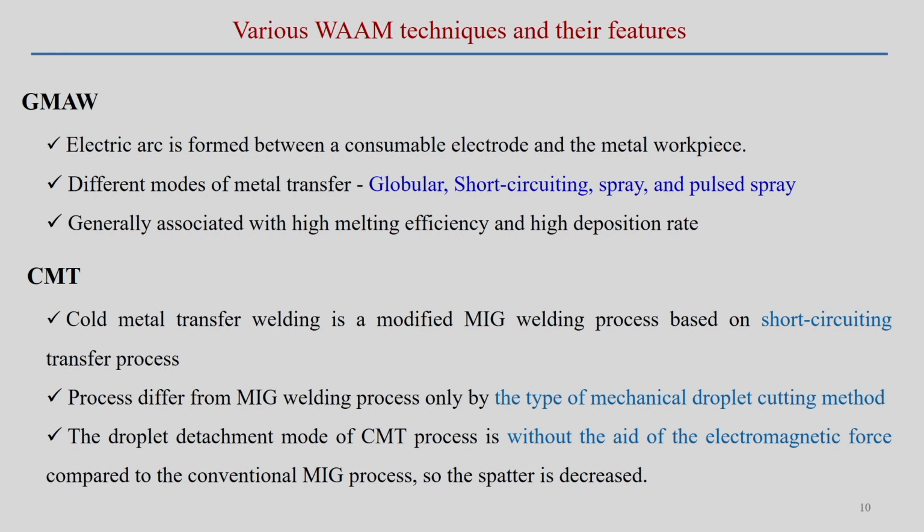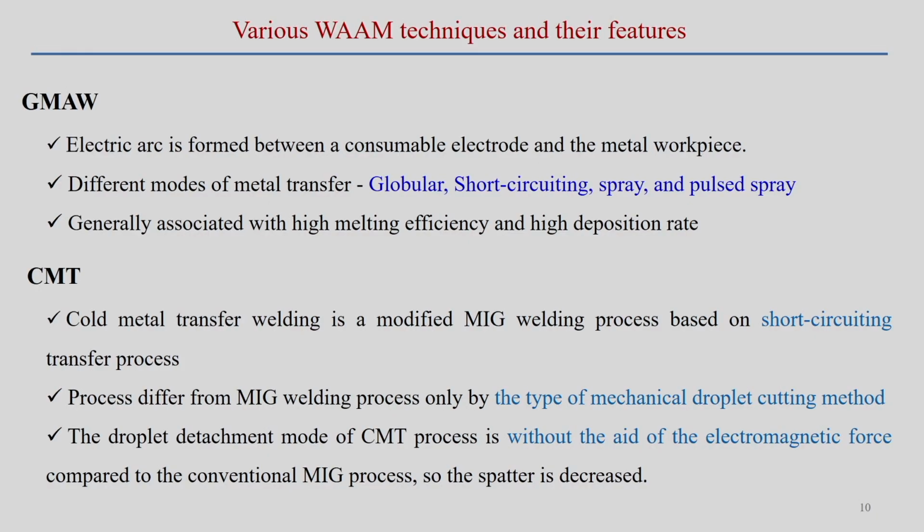Apart from this, gas metal arc welding can also be utilized, because in this case the metal transfer is an integral part of the welding system itself. The material is continuously fed and deposited over the substrate, and if we control the motion or develop a strategy, then layer by layer deposition is possible following the metal transfer of gas metal arc welding.